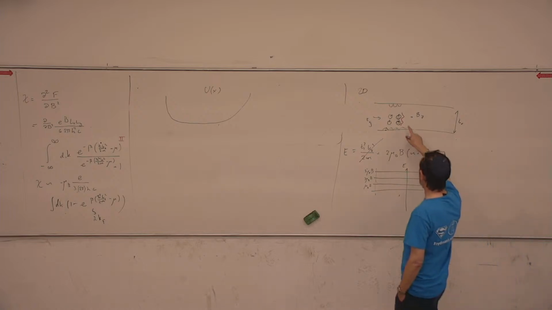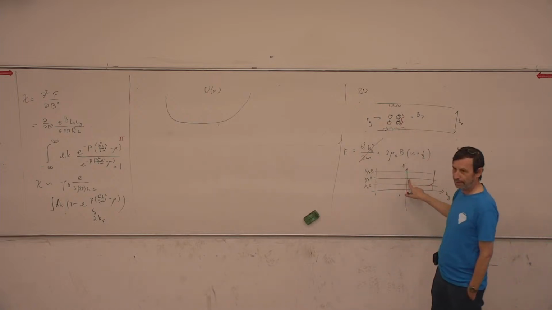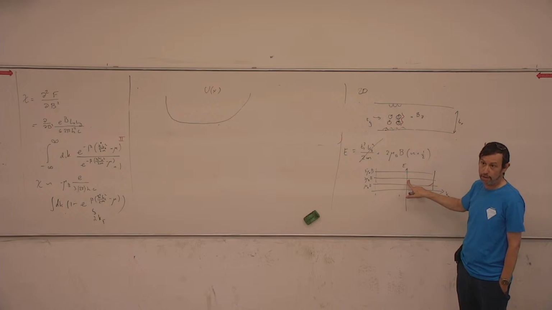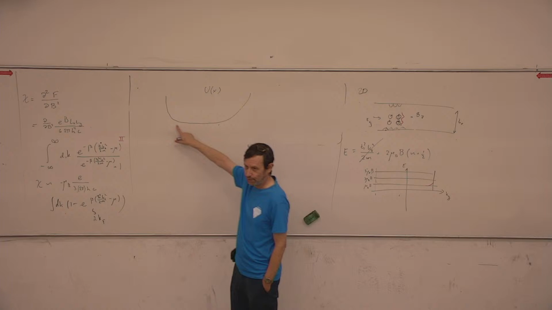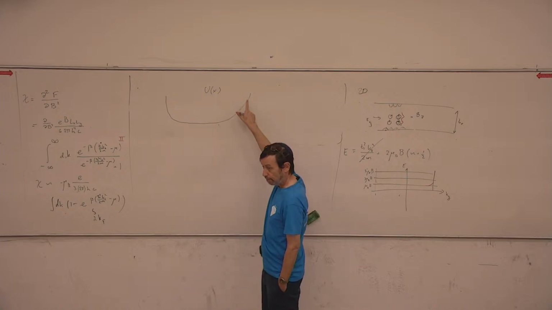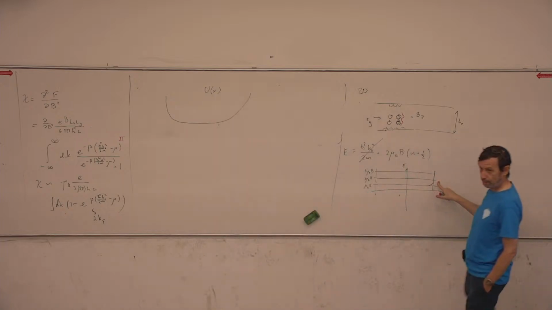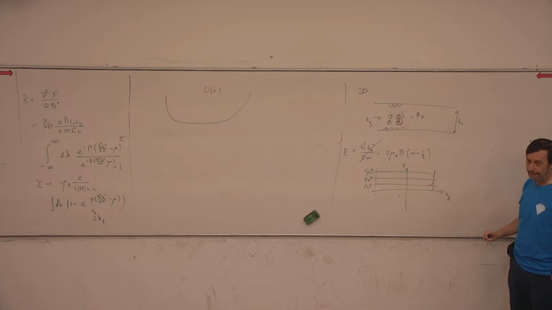If I'm looking at the contribution of U of x here, it's zero because it's still in the flat region. If I'm close to the boundary, it gets some contribution, goes up. And these are the states that carry the quantized Hall effect, or a quantized current through Hall strips.